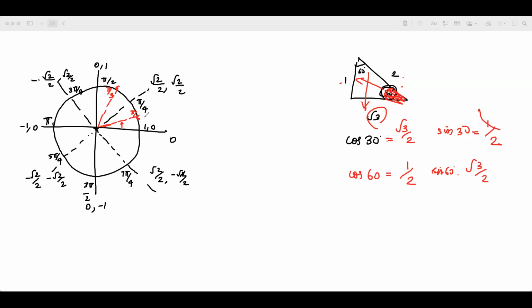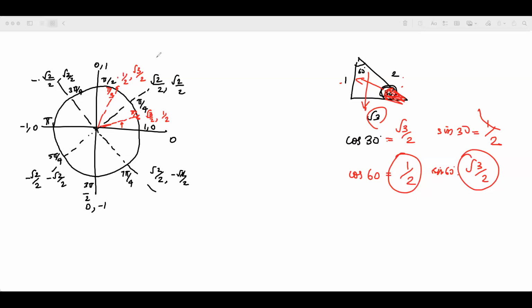Coming to the pi by 6 angle, right, we discussed. So this is x comma y point. So if it is 30-degree angle, cos is root 3 by 2 comma 1 by 2. So this has to be just the opposite of this. See, 1 by 2 root 3 by 2.